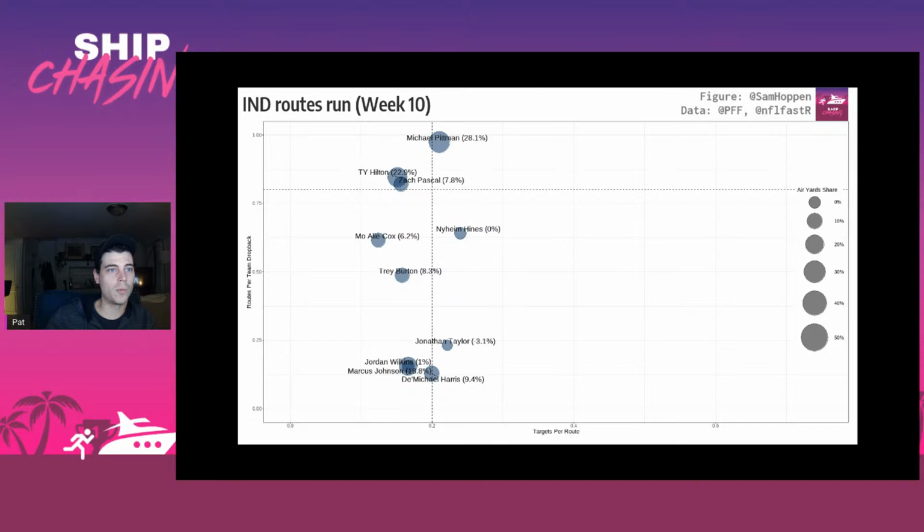At wide receiver, Michael Pittman is emerging as the wide receiver 1 here. He ran a route on 95% of dropbacks, had a 22% target share, 28% air yard share, a WOPR of 0.53. And this is one of the few wide receivers in this class that I didn't really like. He's not very athletic.